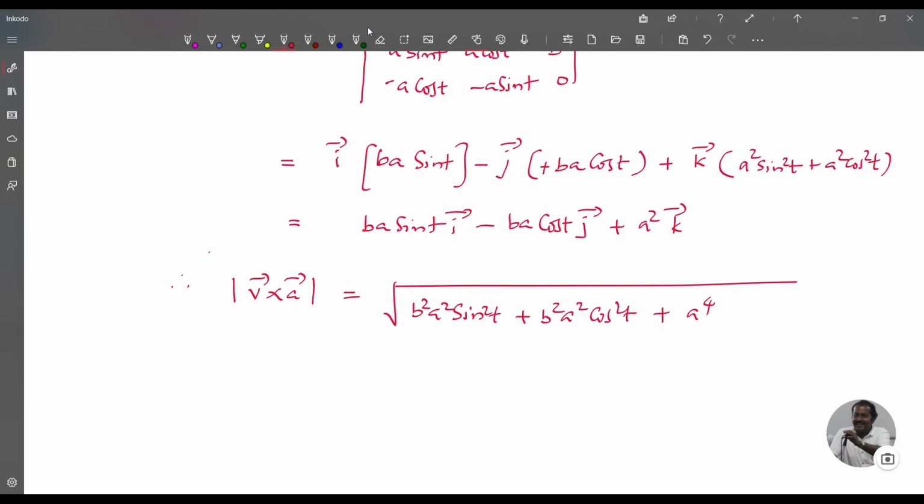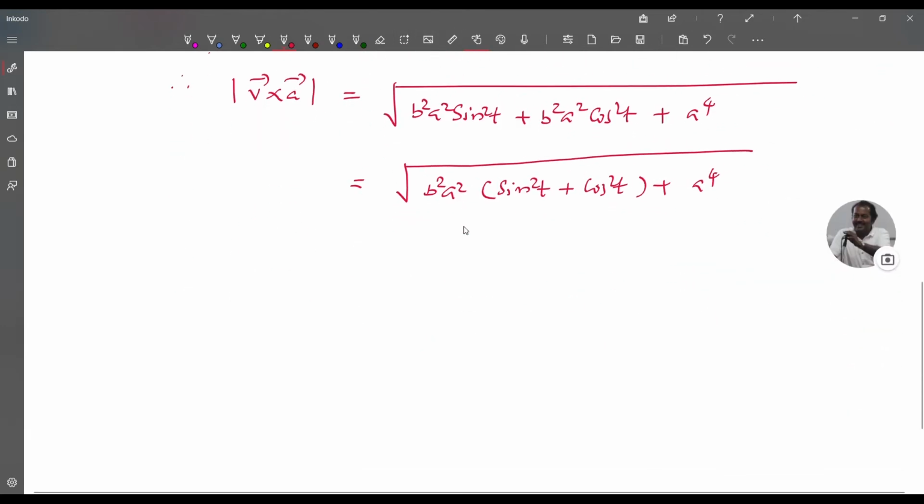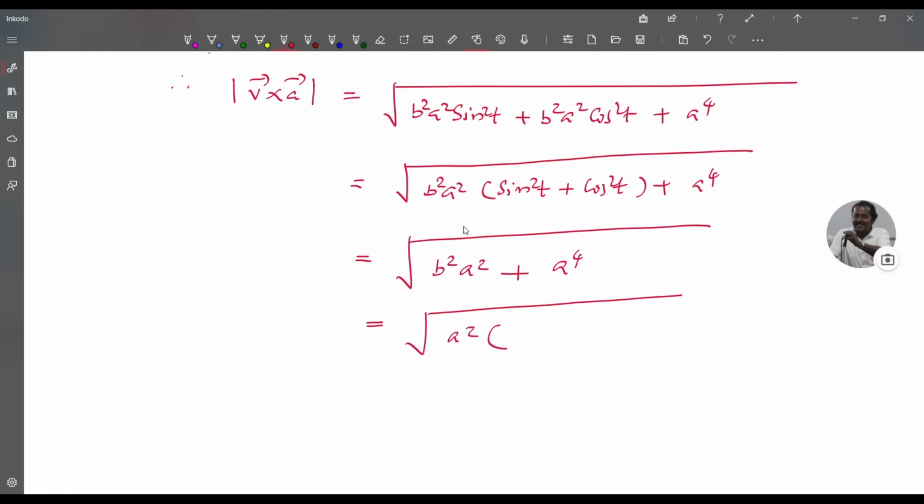So this is the square root of b square a square into sin square t plus cos square t, plus a raised to 4. So that is equal to the square root of b square a square plus a raised to 4, which is the square root of a square into b square plus a square. So this is a into the square root of a square plus b square. So this is the modulus of v cross a.